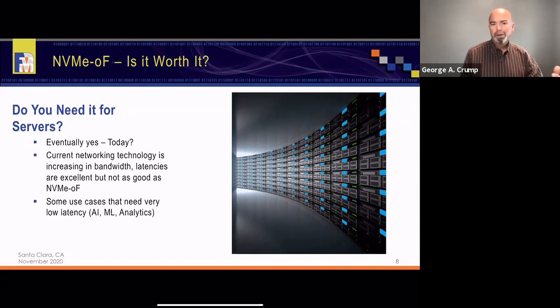So make sure you're looking at current technology. Current technology is always less expensive than the next generation, so factor that in as well. And of course, I've addressed the use cases. So in servers, you might move to that first just to get the connectivity down to storage. But I would proceed slowly and adopt it as it makes sense for your environment.